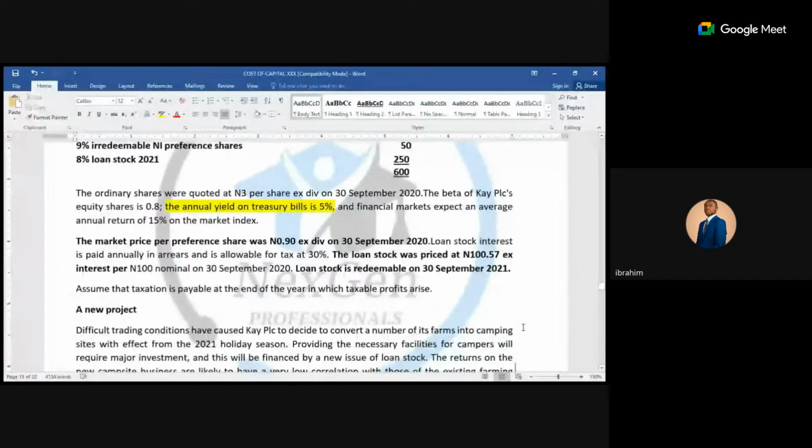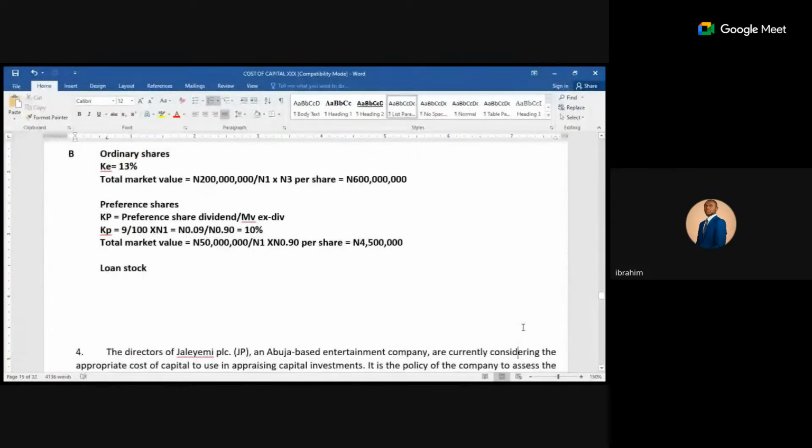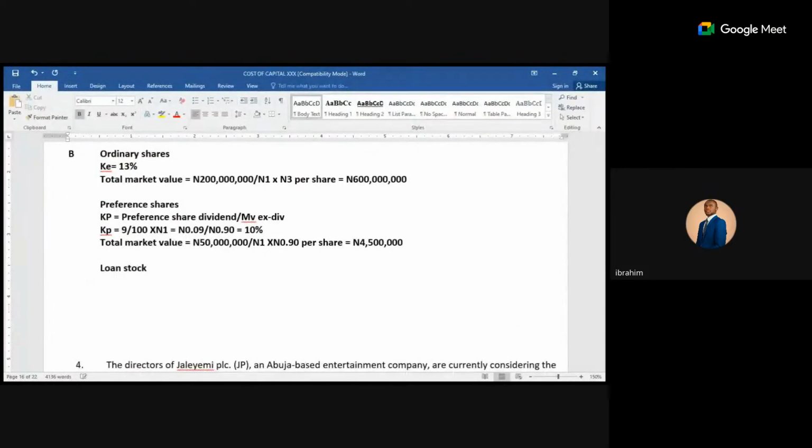Now, in this case, class, what is the market value? Sorry, the market value for previous years would be 45, not 4.5. Exactly. 45 million.